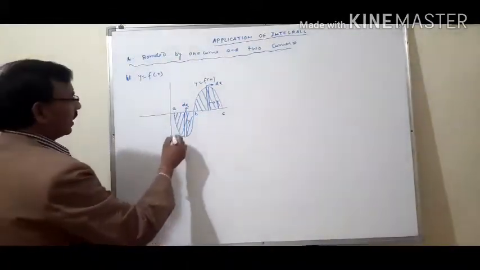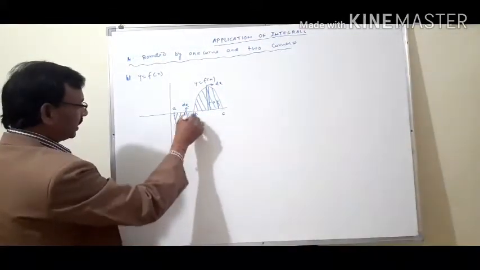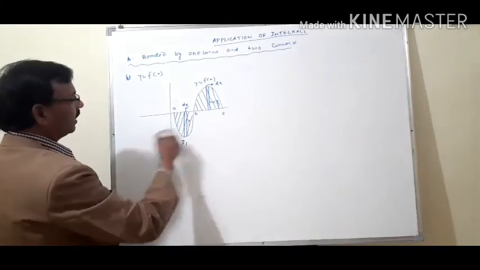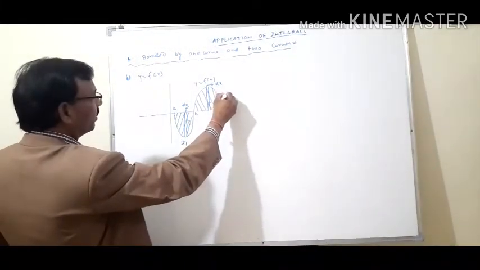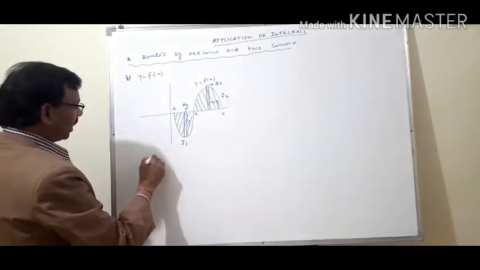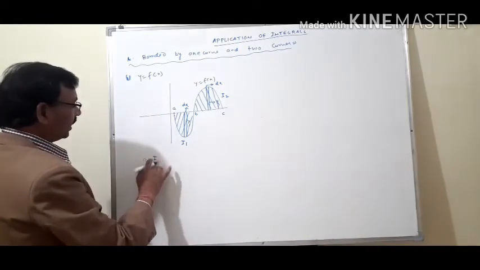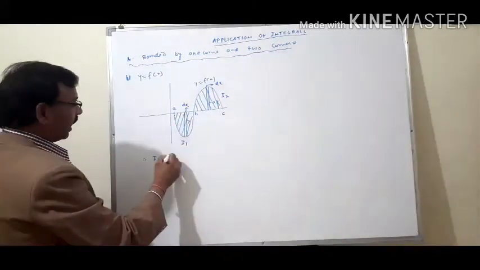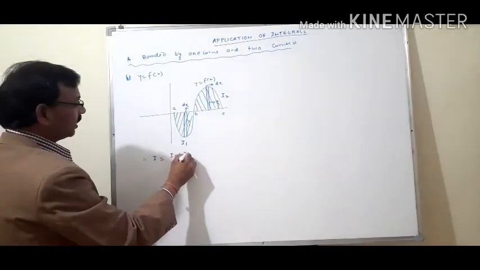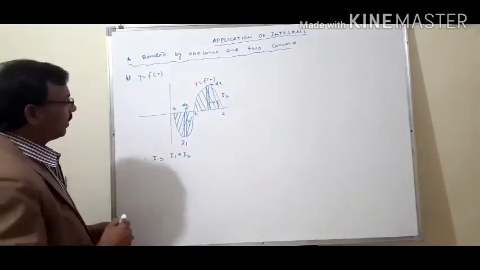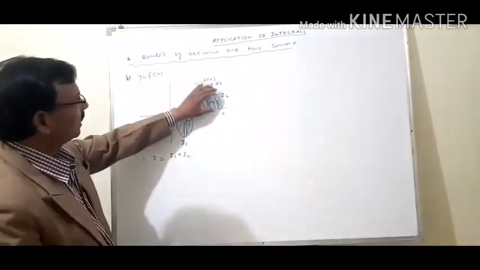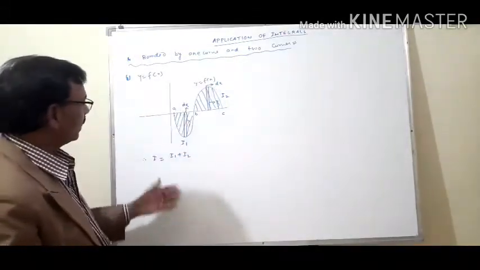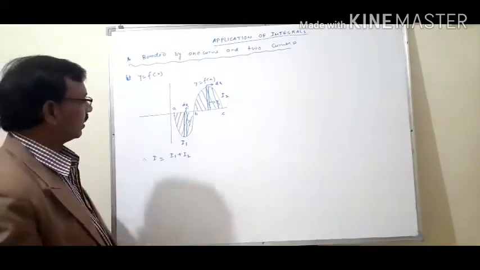Now let the area of the first region be I1 and the area of the second region be I2. Therefore I, the area of both regions, equals I1 plus I2. That means if we find the area of this region and this region and add both, this will be the total area.